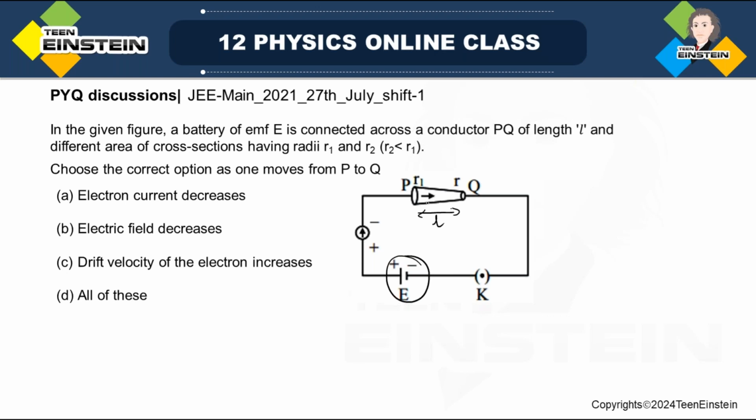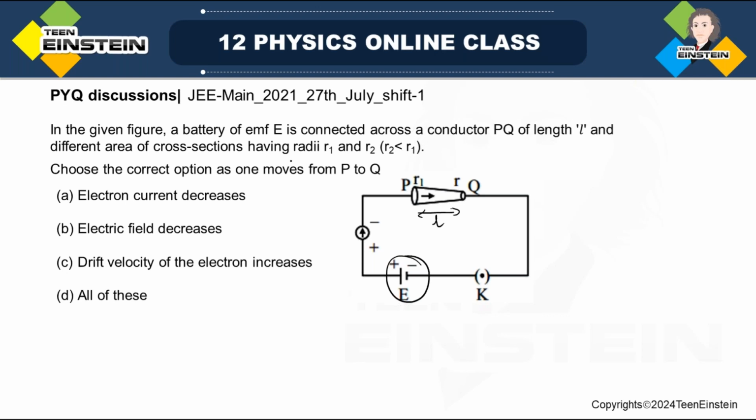You can see that the radius actually changes. If this is a cylindrical one, as you go from P to Q, it is becoming narrower. Okay, that means the area of cross section varies.